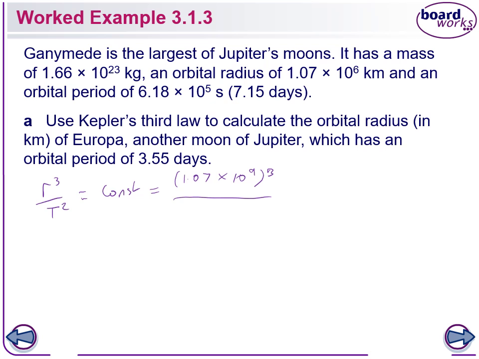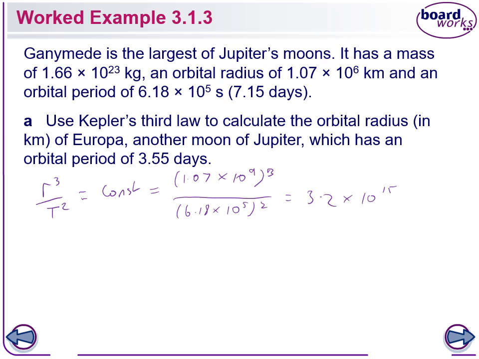We're going to use seconds, which is 6.18 times 10 to the 5, and we need to square that. If we work this out, the value of our constant is 3.2 times 10 to the power of 15. Okay, that's our constant. Don't worry about units, they're not important.